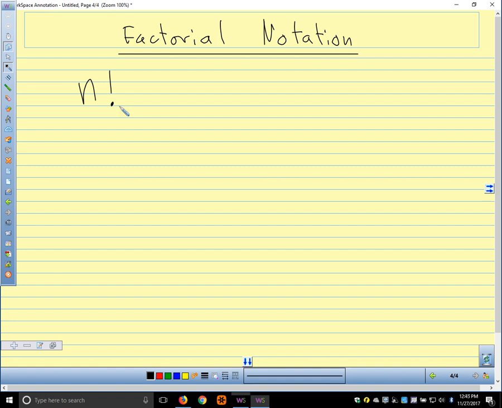I think this is one of the most fun symbols in math. This doesn't necessarily mean we're really excited about n, but it can mean that. And this n factorial is 1 times 2 times 3 times dot dot dot, all the way up to n minus 1 times n. All the numbers that are less than or equal to n multiplied together.